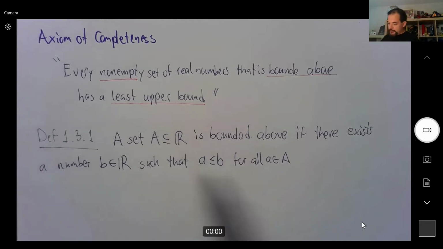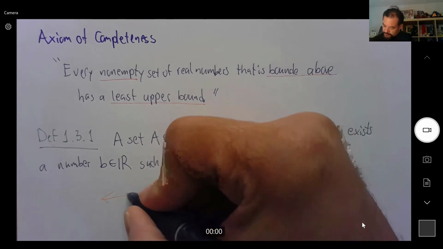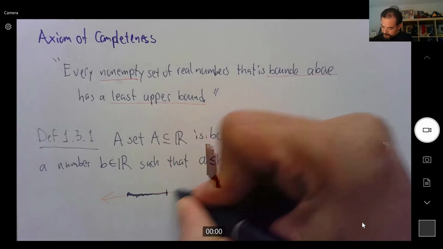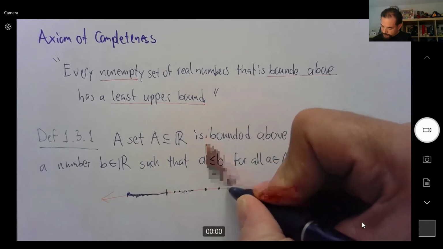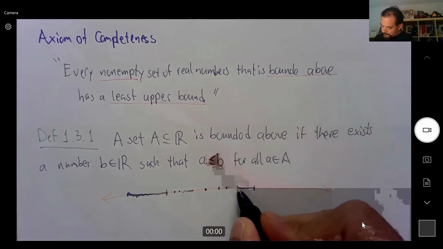So let me make a little picture here of what the situation is. So here's the real line, and maybe your set is like this, all of these, and then maybe a sequence here, maybe some isolated points, maybe another segment, but then that's it.